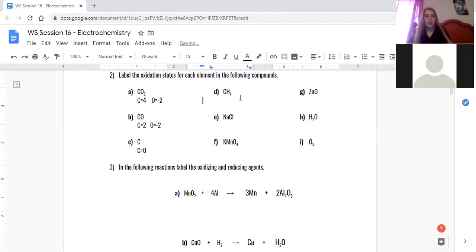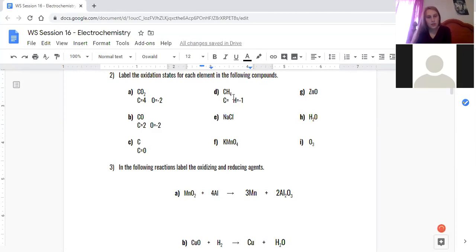Let's see. There we go. So for this one, we're going to have to figure out carbon and hydrogen. So we automatically know that hydrogen is always going to be -1. And so we're automatically going to be able to put that in.